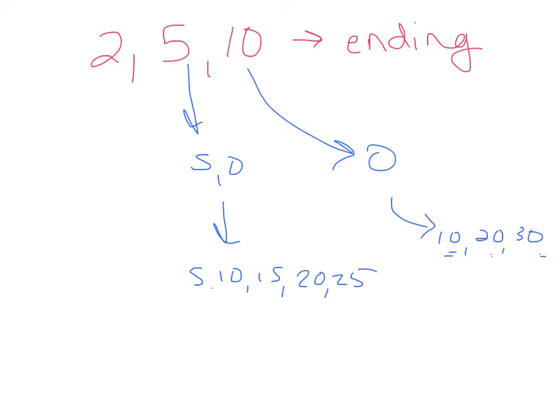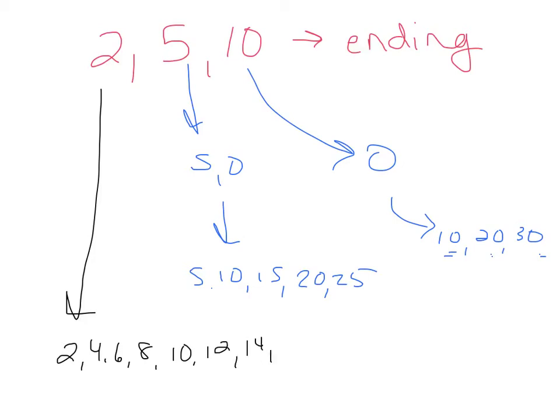And then 2 has to be an even number. So once again, it's about the ending: 2, 4, 6, 8, 10, 12, 14, 16, 18, 20. They're all ending in a 2, 4, 6, 8, or 0, so they're all even. So the 2s, 5s, and 10s are relatively simple because we're so used to them.